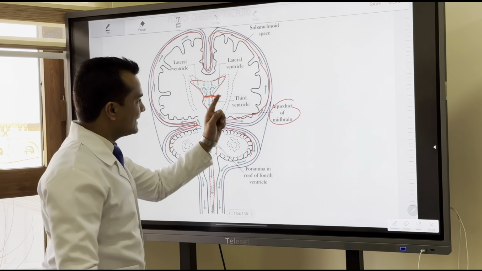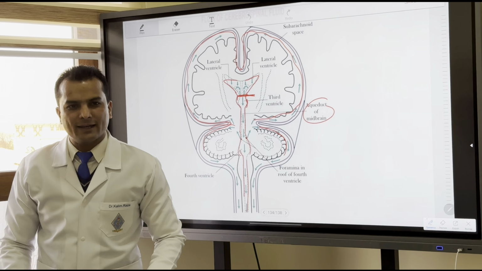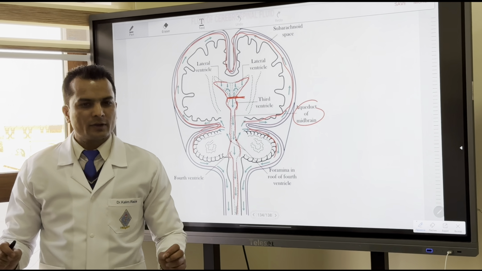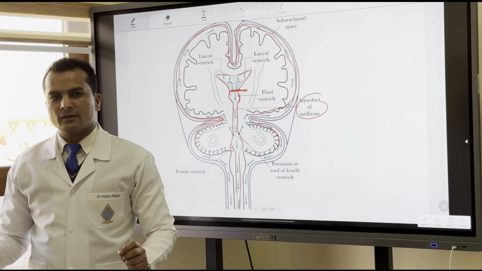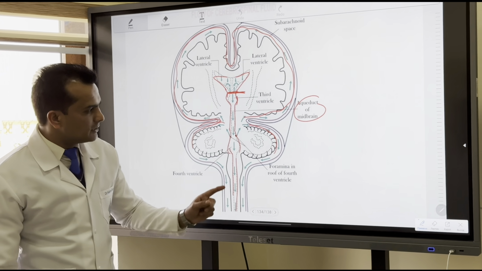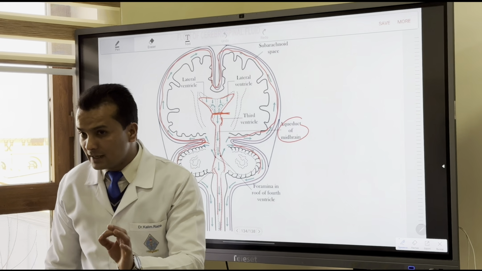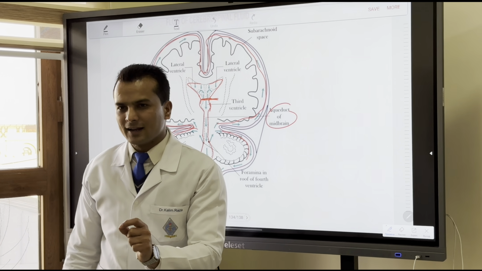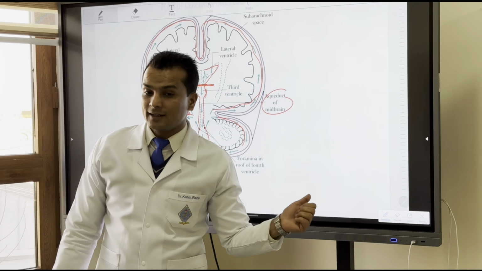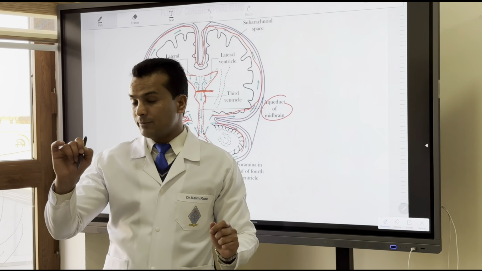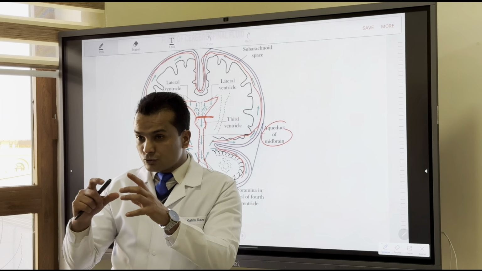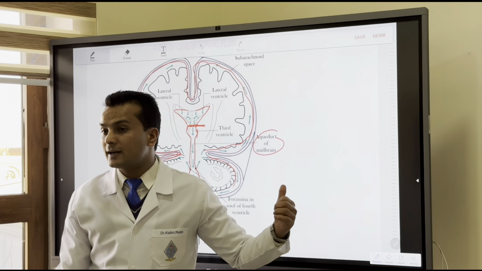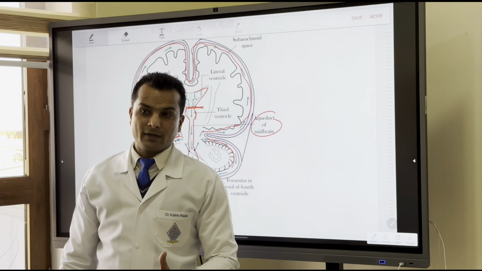Now any bleeding in the subarachnoid space, subarachnoid hemorrhage, means the worst headache of life, due to rupture of aneurysms of the arteries of the circle of Willis. So the color of CSF, normally, is colorless. But in case of bleeding, when you are performing the spinal tap and you see that the color of CSF is yellow or bloody, it means there is bleeding in the subarachnoid space. Bloody CSF.